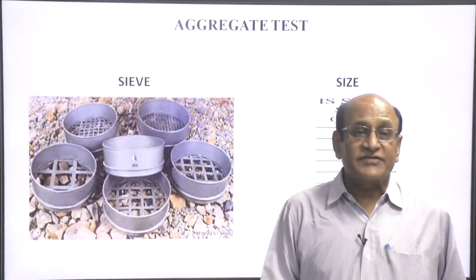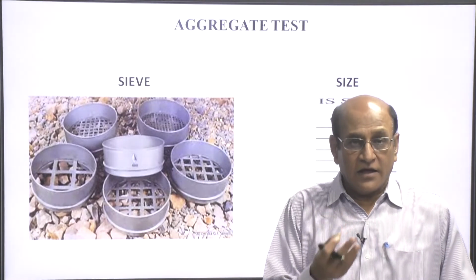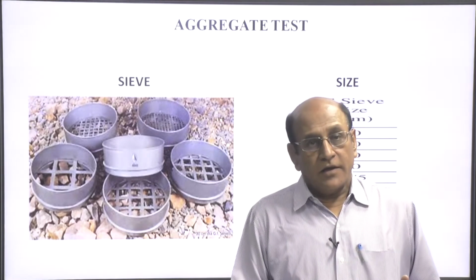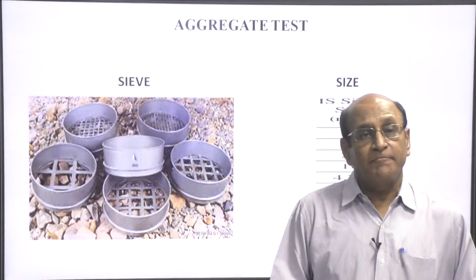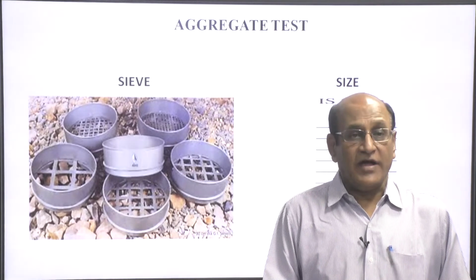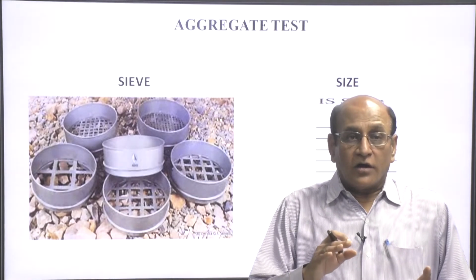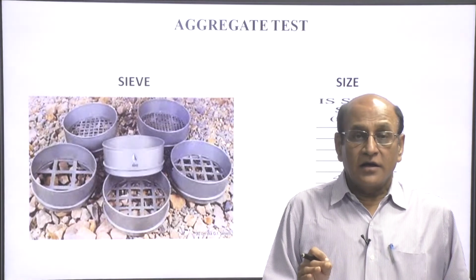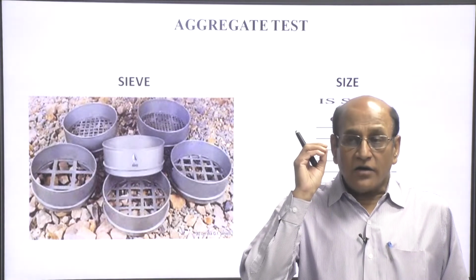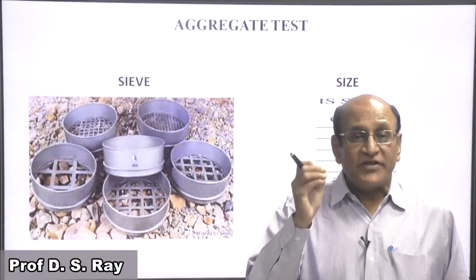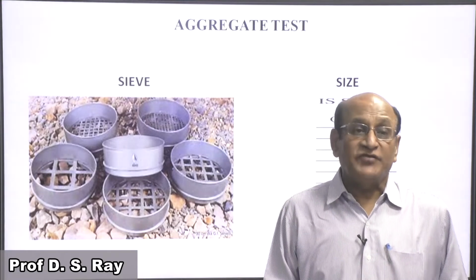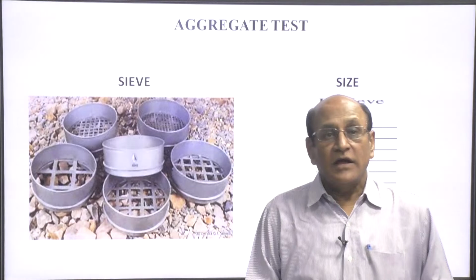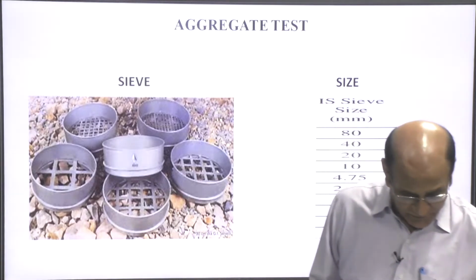These are arranged in descending order. For the purpose of testing aggregate, for the range which is required, one extra top sieve and one extra bottom sieve is also placed for the sieve analysis.